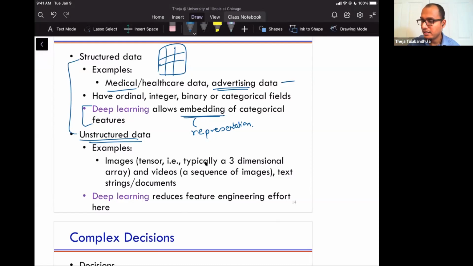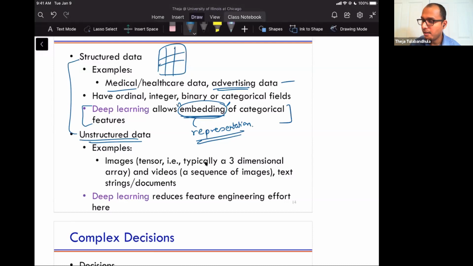Instead of that, you can do something which tends to be empirically better, and that's called a better representation of those words. Words are just like categories. Like if you have a category like state, there are 50 values. Instead of just one hot encoding them, you can have better representations for, let's say, the states of the US. We'll see this embedding, or word embedding, in a couple of lectures.